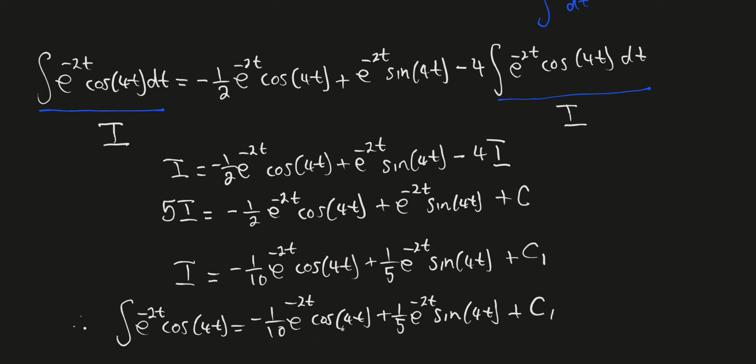All right? So these are interesting integrals because we do them twice, we get back to where we started, and we end up using algebra to solve for the integral, right? Good old algebra to the rescue, right?